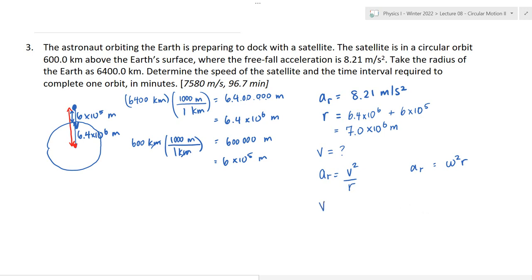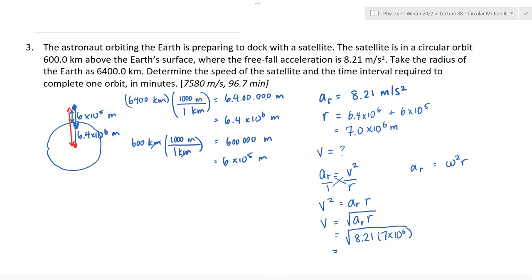So let's rearrange the equation. We have v squared equals a_r times r, if we cross multiply. And when we solve for v, we get the square root of a_r times r. So we can put in our numbers. a_r is 8.21, and r is 7 times 10 to the 6, all in a square root sign. So I'm just going to type this up.